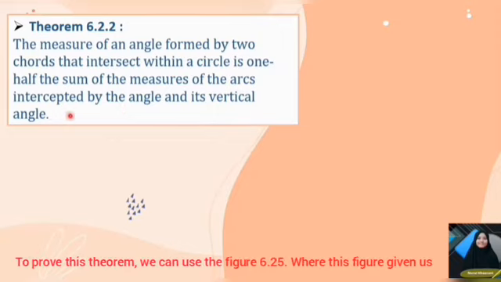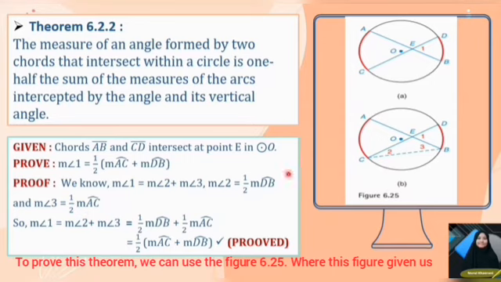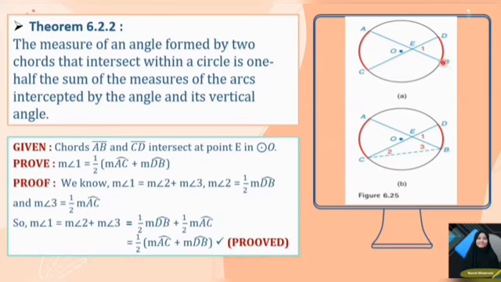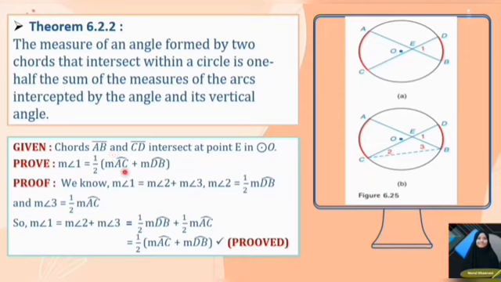To prove this theorem, we can use Figure 6.25, where chords AB and CD intersect at point E in the circle O. We will prove that the measure of angle 1 equals 1/2 times the measure of arc AC plus the measure of arc DB.